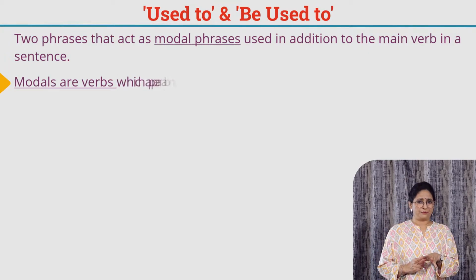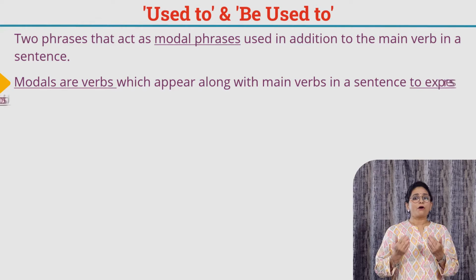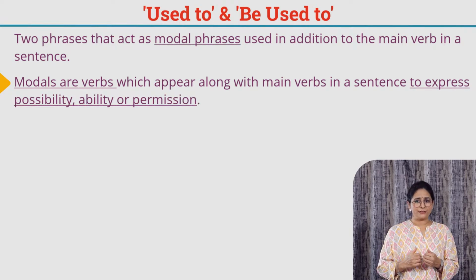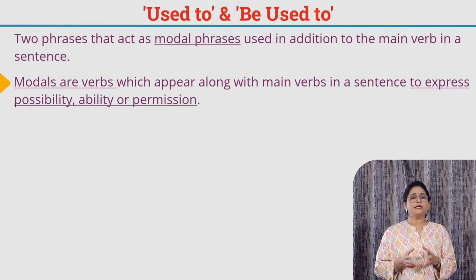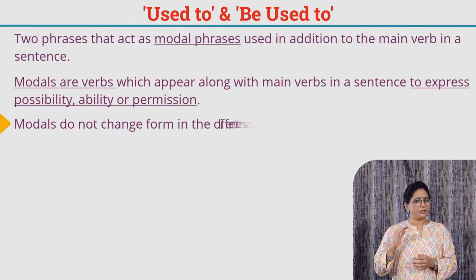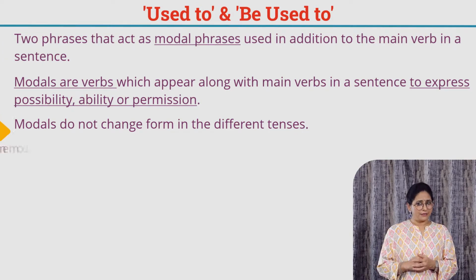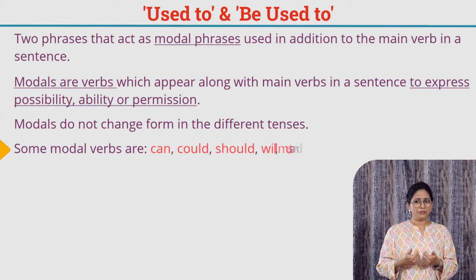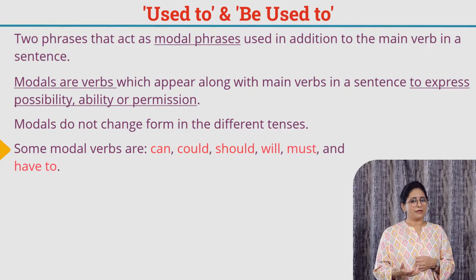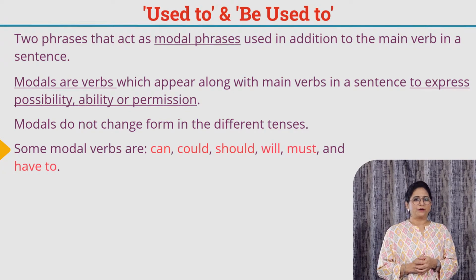Modals are verbs which appear along with the main verb in a sentence to express possibility, ability, or permission. They do not change form in the different tenses. Some modal verbs are can, could, should, will, must, and have to.